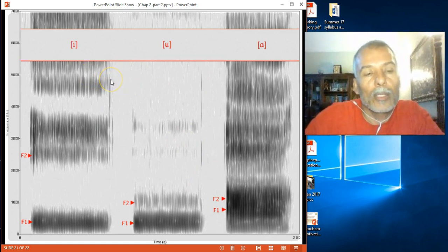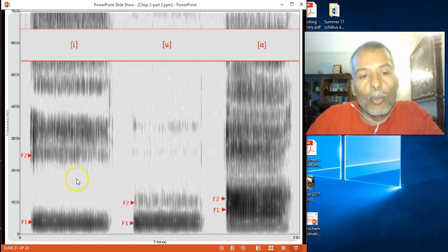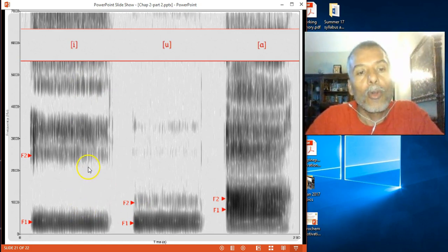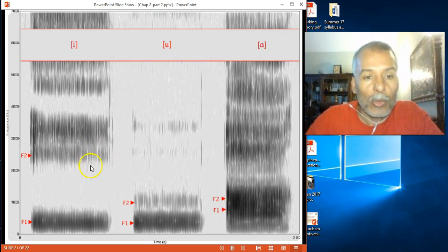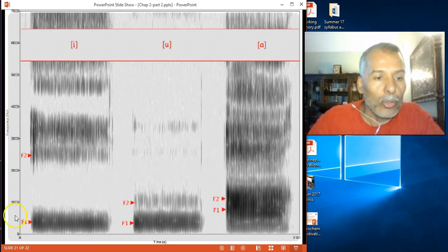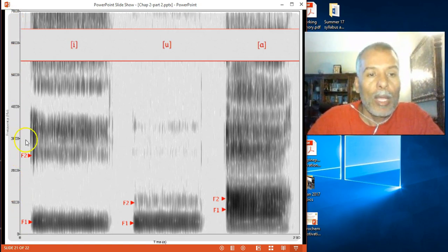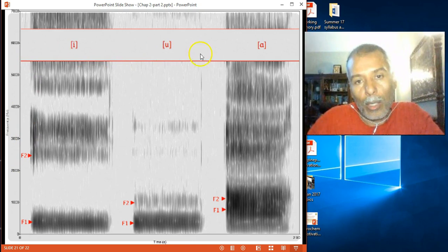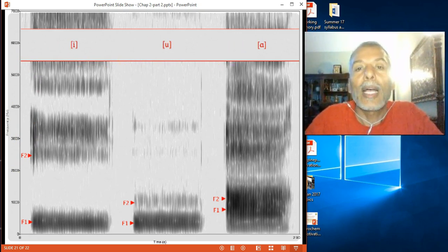These spectrograms, they are used to plot the frequencies, formant frequencies of sounds in the vocal tract. The vertical axis shows you the frequencies from 0 to 8,000. And then the horizontal axis shows you the time it takes to make a sound.